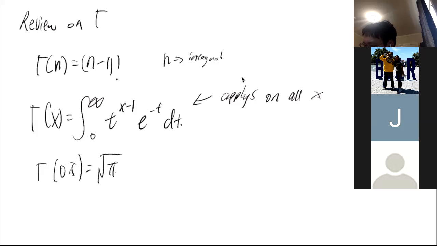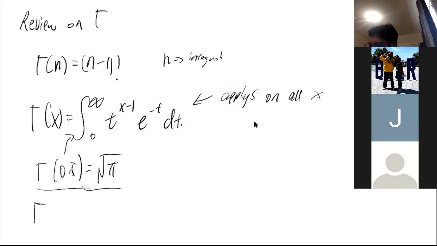Theoretically, to calculate that you need to plug it into the gamma function definition and calculate the result, but it requires some multivariable calculus, so you can just take this for granted.